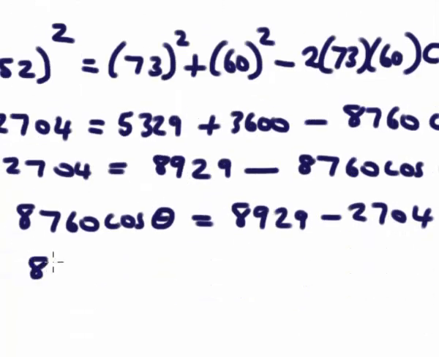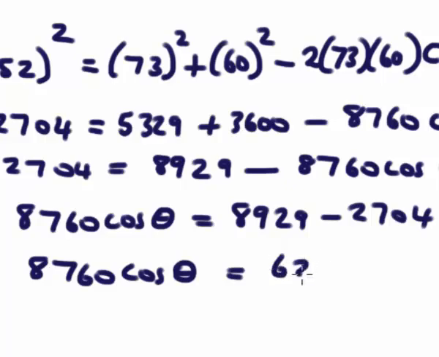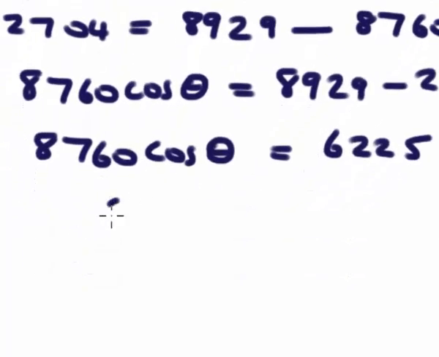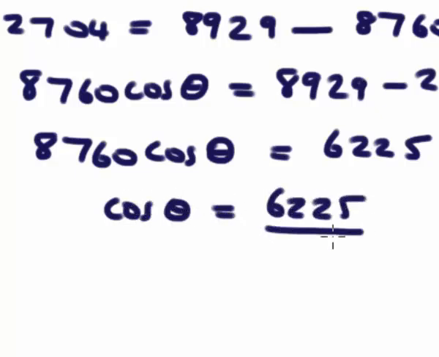Now let's fix this up here. It's 8760 cos of theta. If you subtract these two, you're going to get 6225. Then what we do is we divide both sides by the 8760, and we land up with that.